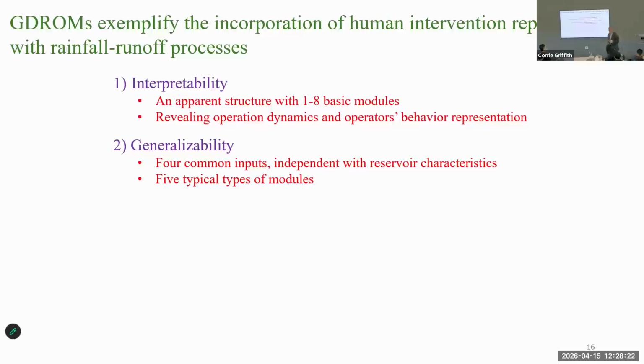So sometimes I talk to my students, I say, think about how we can build reservoir optimization models. It looks like you are given only 5 Lego pieces, right? And you try to put them together. You try to put these 5 Lego pieces at different time points. That's your model.